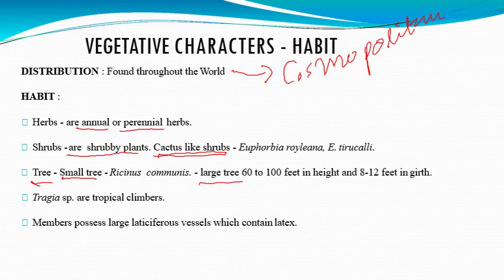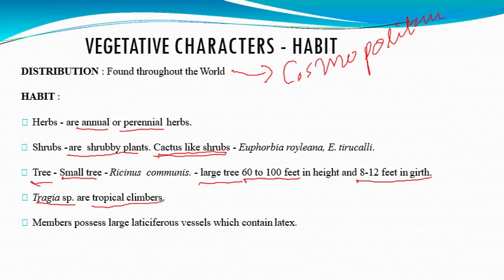Large trees have a height of 60 to 100 feet and a diameter of about 12 feet. Some members of Euphorbiaceae, like Tragia species, are tropical climbers in nature.